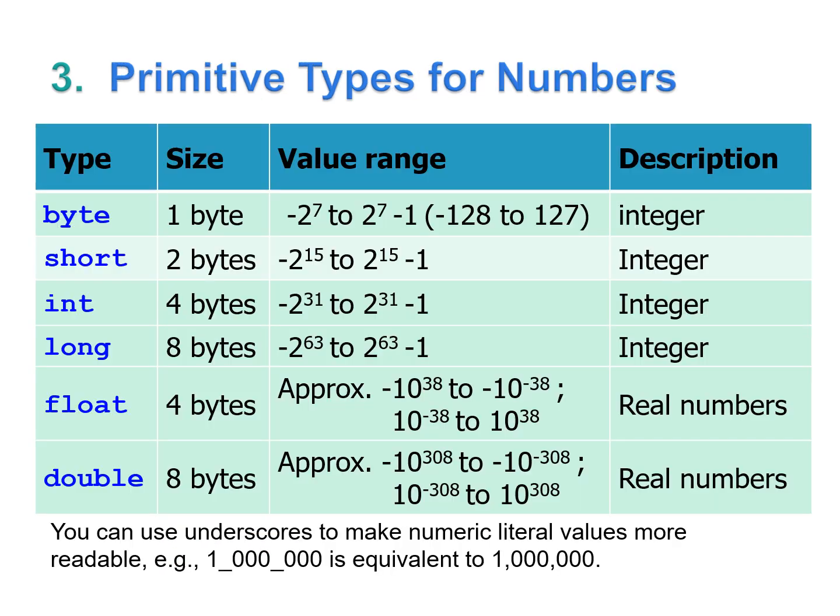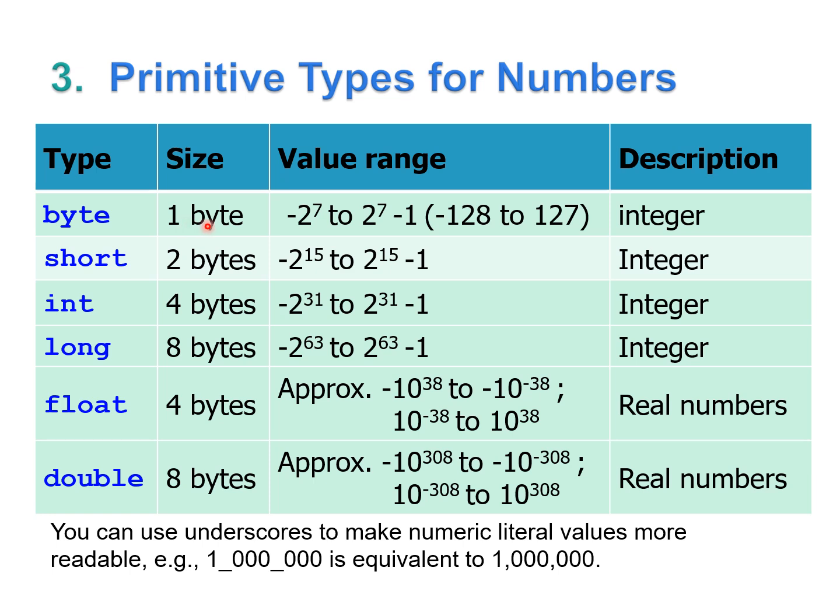Besides int, there are other built-in data types for holding numbers. These types are also called primitive types. There are four primitive types holding integer values. The shortest type is byte, which has a size of only 1 byte.